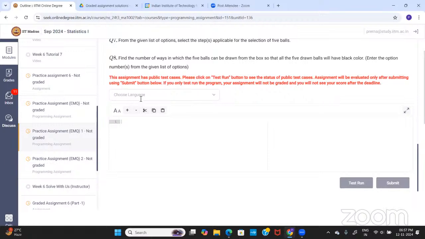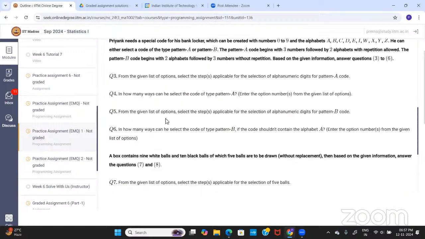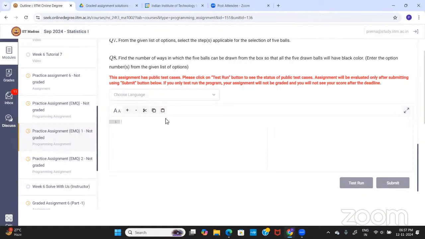Otherwise, it works like that only: you submit your answers first, then it will show the correct answers. But if there is any issue, we will discuss it. I also shared the solution which we put in for practice 1. If we upload it, it is not giving the answers.